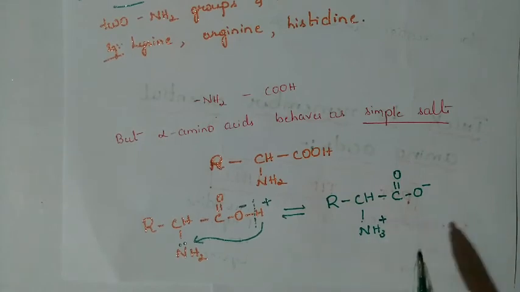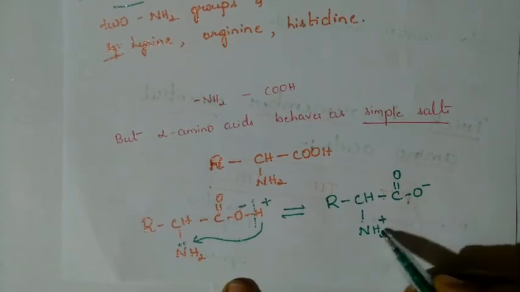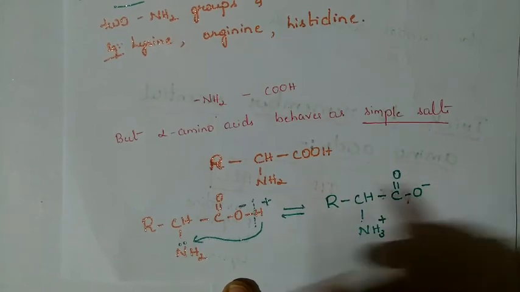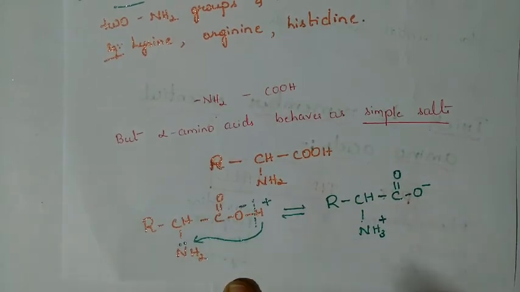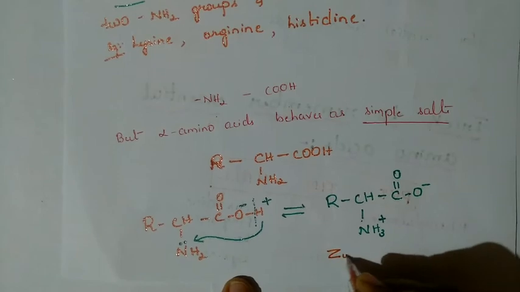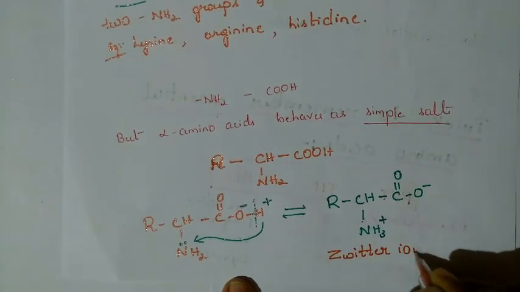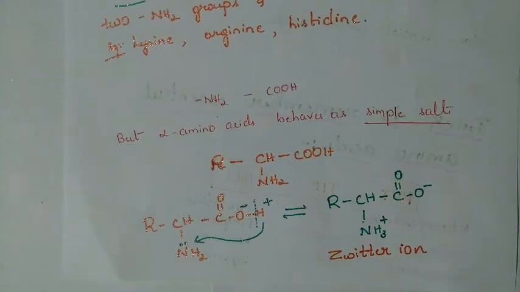This is called a dipolar structure, in the sense both positive and negative charge are in the same compound. We call that structure a Zwitter ion. So Zwitter ion is nothing but the dipolar structure of alpha amino acid.